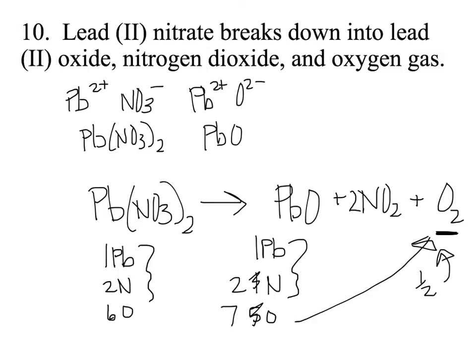Well, if we put the 1/2 in front of O2, it would be balanced. Unfortunately, we can't have fractions or decimals. They always have to be whole numbers. So how do I get rid of a half? Answer, you double it. If I take 1/2 and double it, that's 1. And if you double one of them, you have to double everything. This 2 becomes a 4, and this 1 becomes a 2, this 1 becomes a 2. And so the coefficient should go 2, 2, 4, 1.